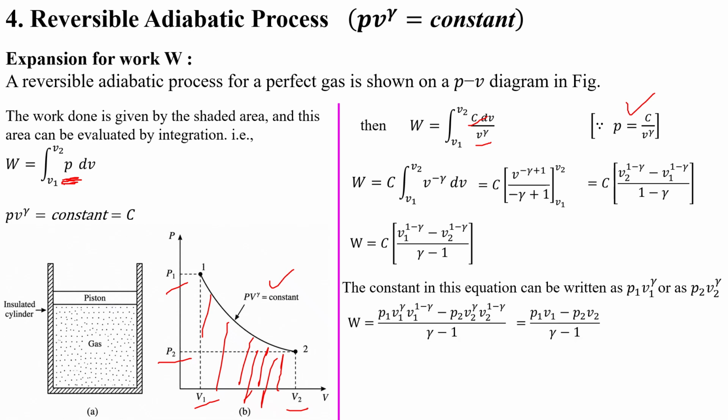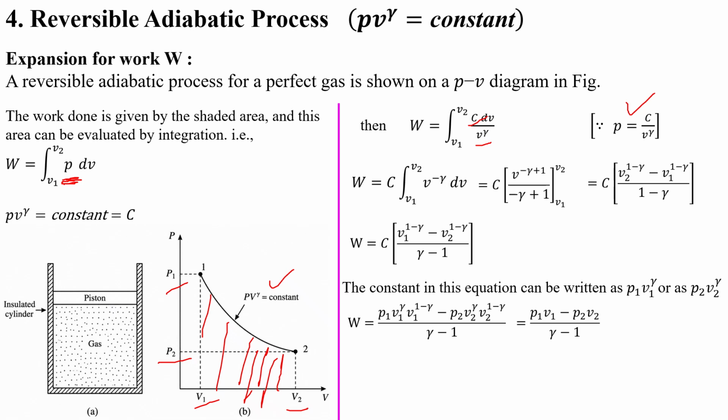Then substituting, work done W becomes P1 V1 power gamma times V1 to the power 1 minus gamma, minus P2 V2 power gamma times V2 to the power 1 minus gamma, divided by gamma minus 1.